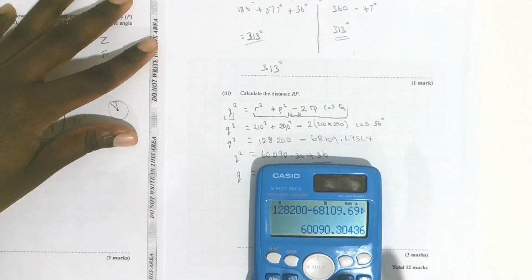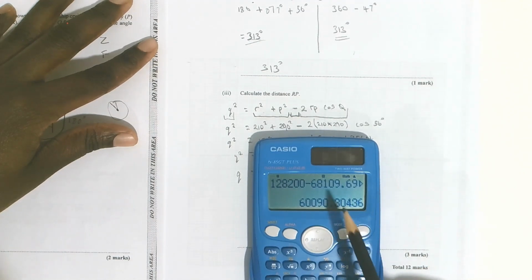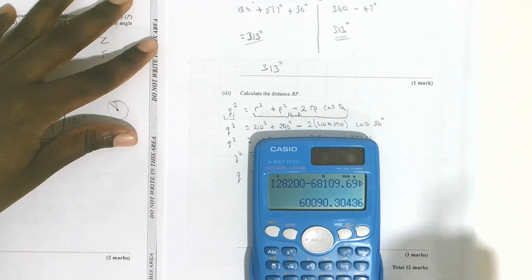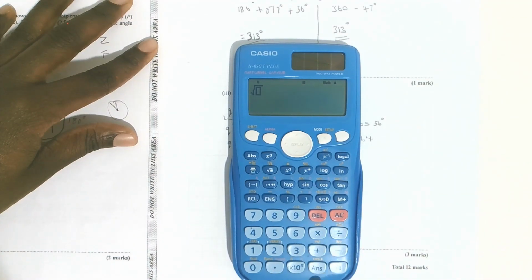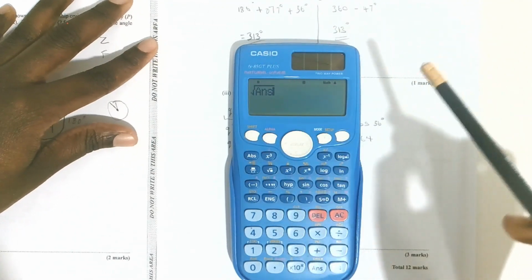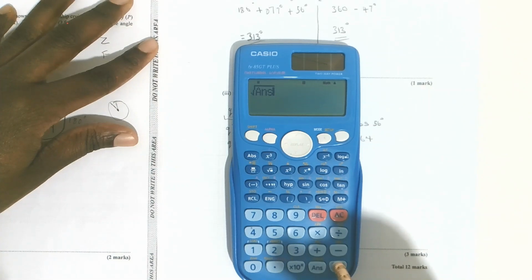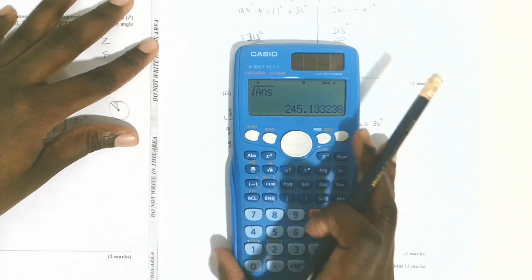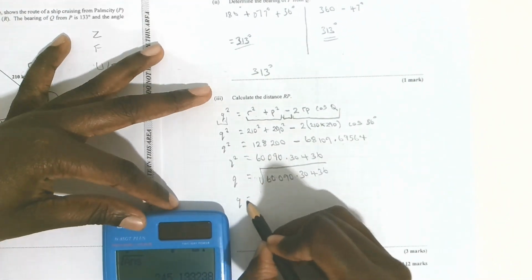If I keep this answer in my calculator, instead of having to rewrite it, I can just put square root and click on this option here, which is answer, and that's going to put the last answer that I had in my calculator, which is that 60,000 number, and then I click equal, and I have my answer as 245.